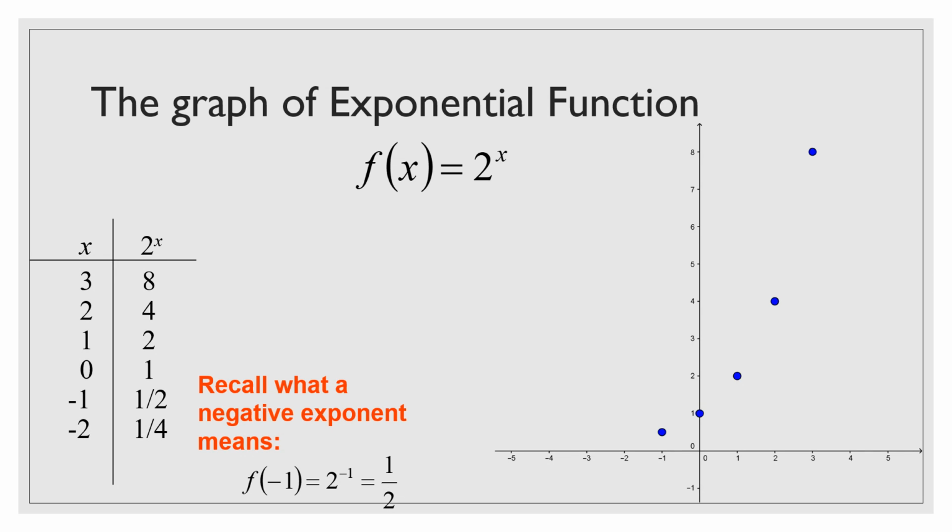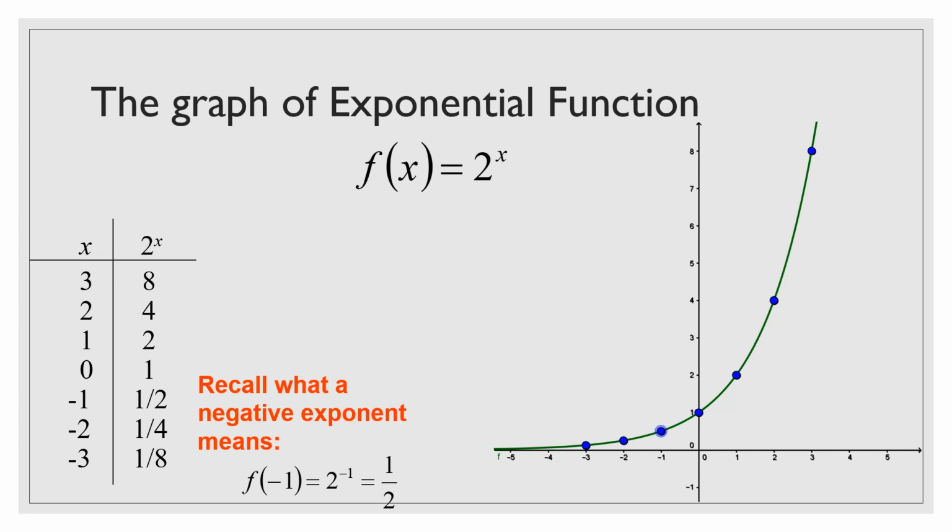Next, if x is equal to negative 2, then you have 1/4, just the reciprocal of 4. That is our next point. And our last point, if x is equal to negative 3, then we have 1 over 8. If we plot the points and graph, that would be the graph.